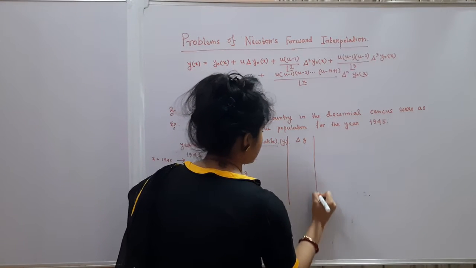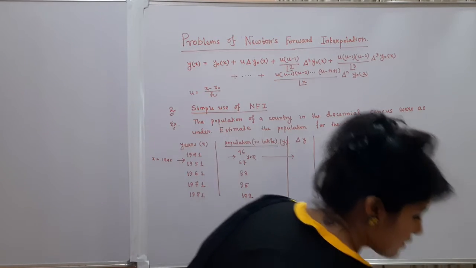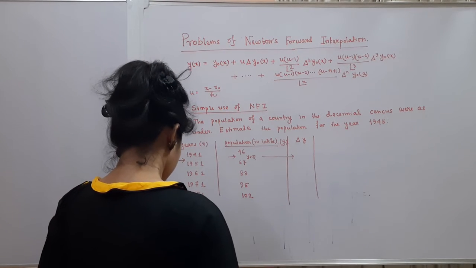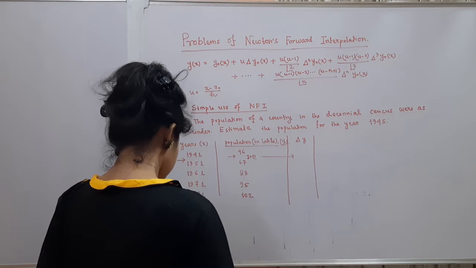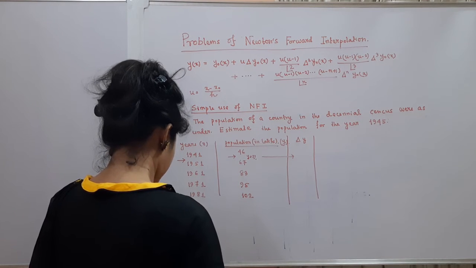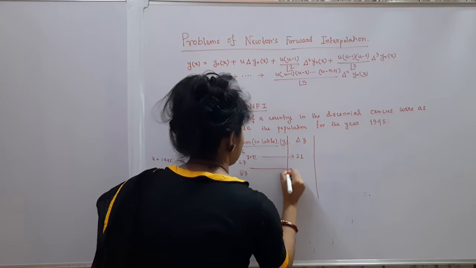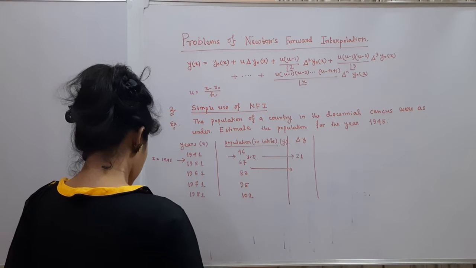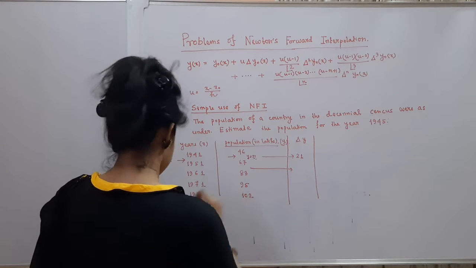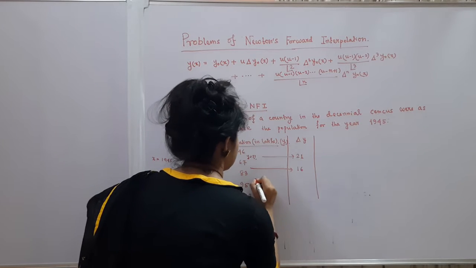Okay, so what is delta y? That is 67 minus 46, that is 21, again 83 minus 67, that is 16.